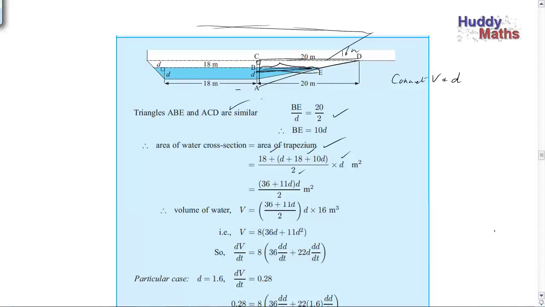So BE, which is what we want, to 20 is D is to 2. Well, they've done it slightly differently there, but whichever way up you put it. So here we've got BE is 10D. So BE to D, so this to this is 20 as to 2, CA.